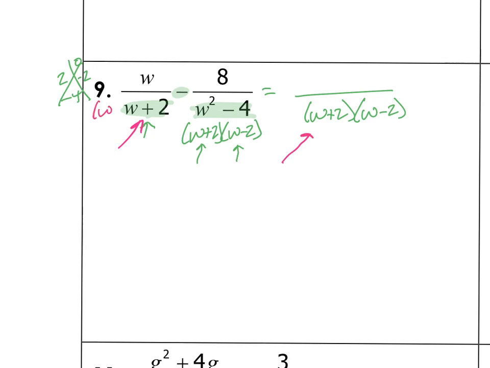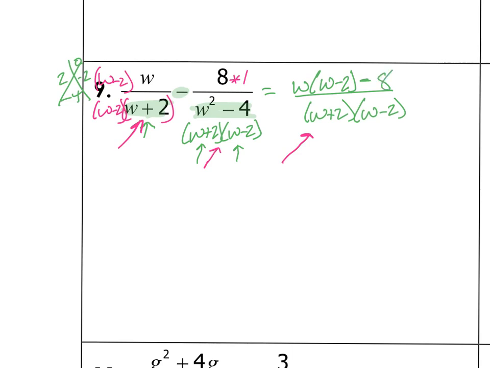Well, a w minus 2. Now it looks like my common denominator. So I'm going to multiply the top by w minus 2. And what does this denominator need to make it look like that one? Nothing. So I'm going to times it by 1. It's the same. So I get w times w minus 2 minus 8.